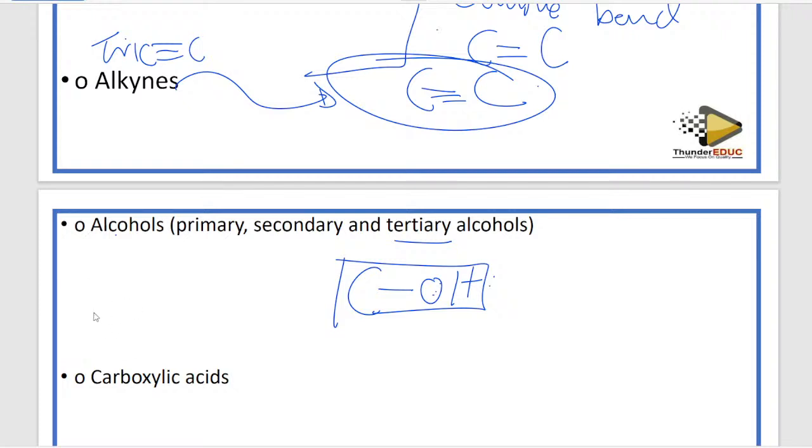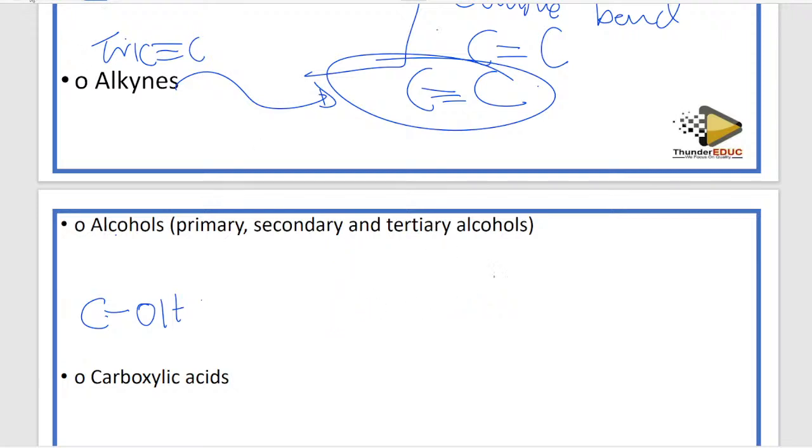So what does it mean? Here in this case, the alcohol is attached to one carbon atom. While in secondary alcohol, you will find that the OH is attached to two carbon atoms, this side a carbon atom and this side a carbon atom, meaning that it is in the middle.